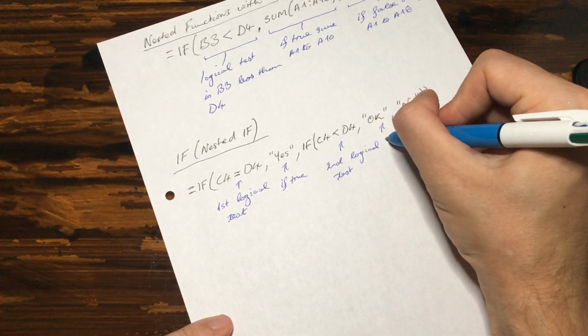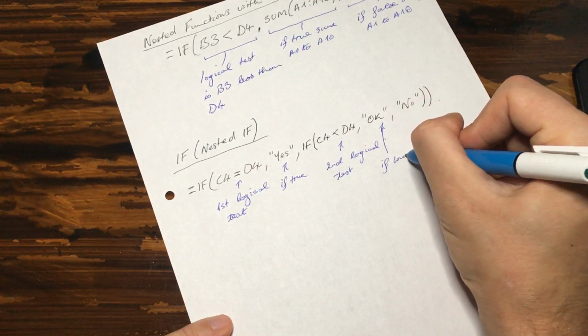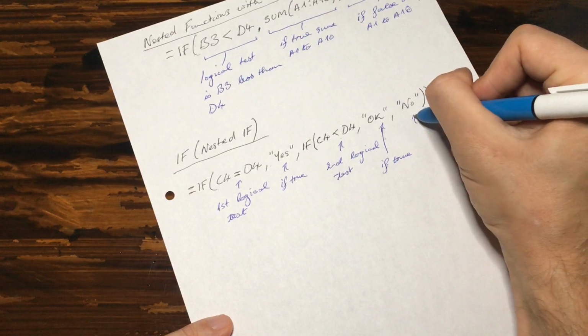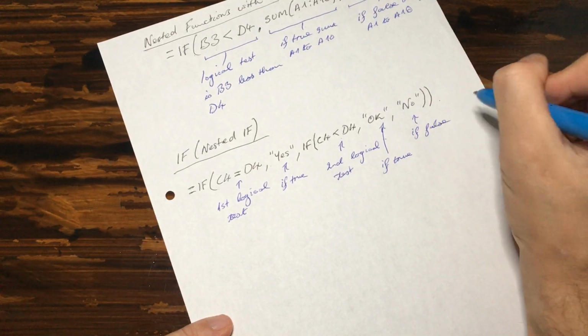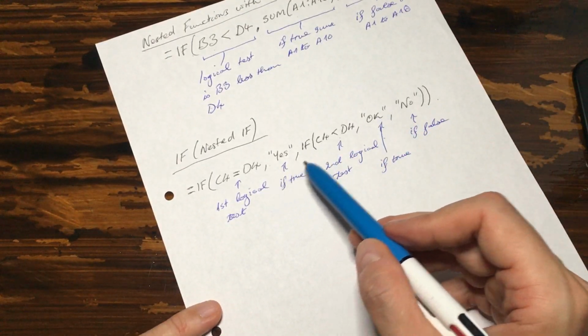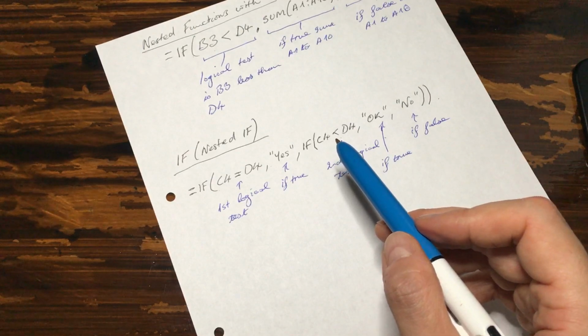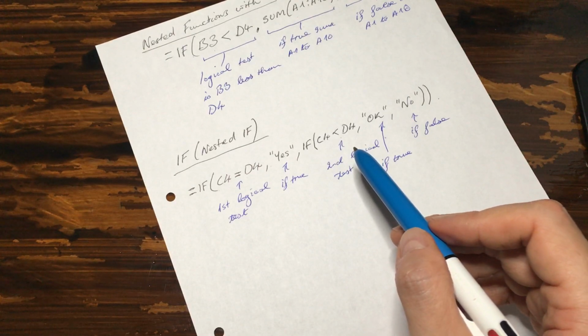This is, again, I'm going to write it down here, if true, and then if false. Okay. You will get to practice this. It's a little bit complicated as you can see at first, but you will practice that. Okay, so eventually you should be able to get it.